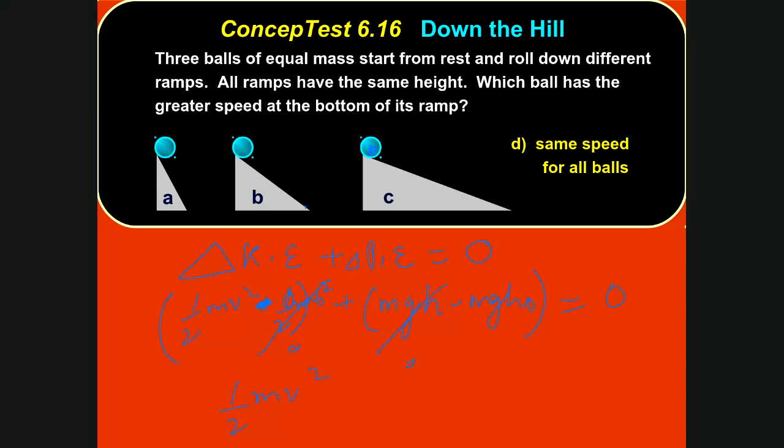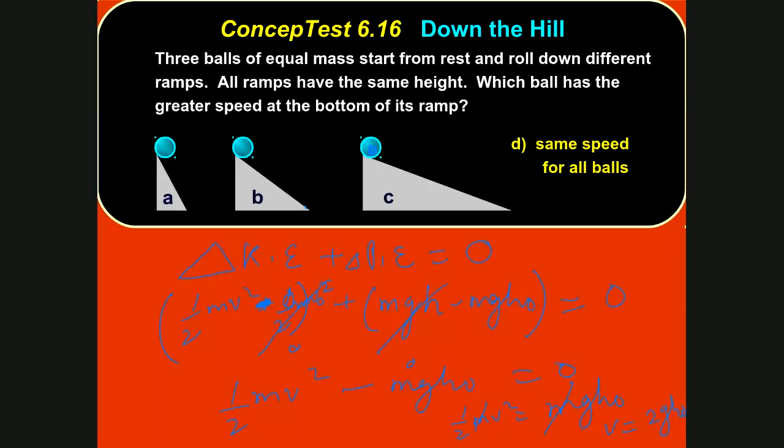So 1/2 mv squared minus 0, plus 0 minus mgh naught, equals 0. If I have to find the speed, what do I do? I take this to the other side, 1/2 mv squared equals mgh naught. So v in all cases will be equal to the square root of 2gh naught.